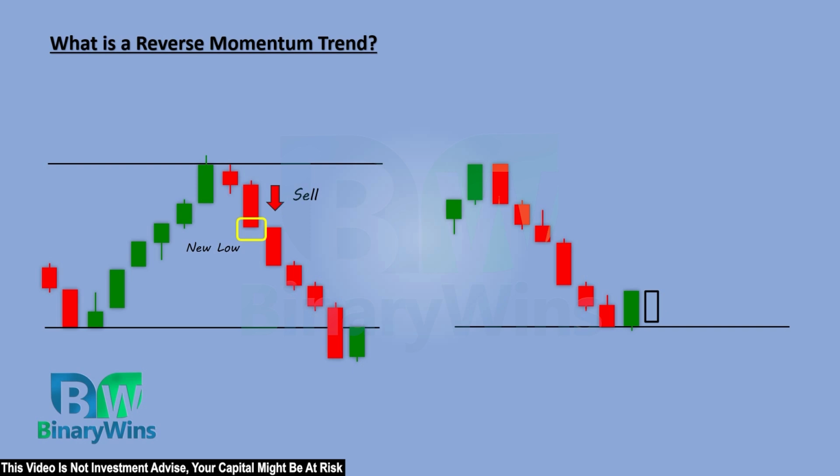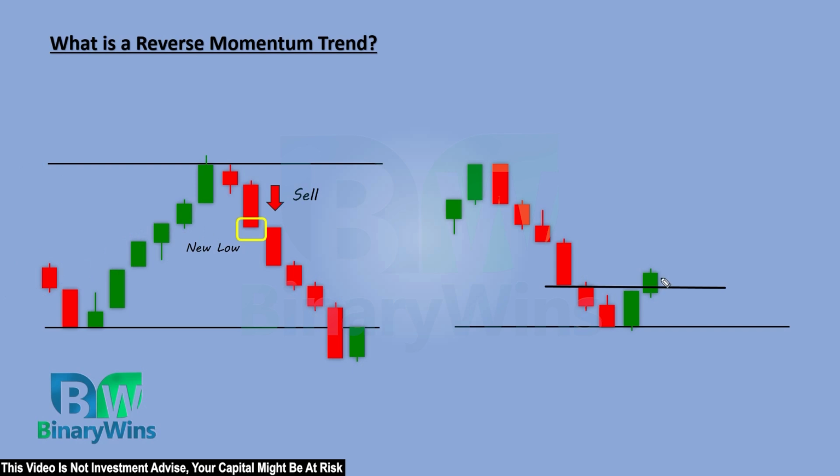Due to the existence of this strong momentum trend, we will wait until the next candle is formed and it forms a new high compared to the previous 2 candles for us.